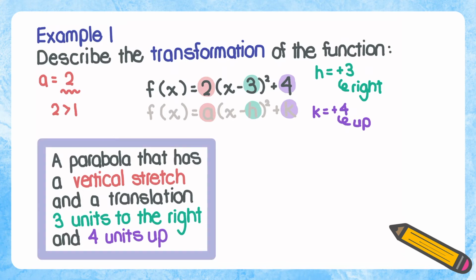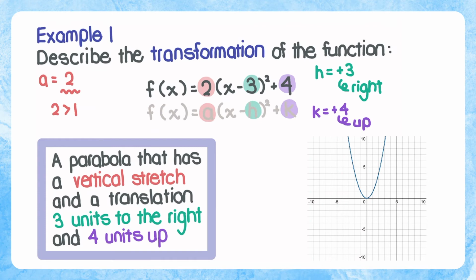So I have a parabola, and let's see how the graph changes as we apply each effect. So I have a parabola that has a vertical stretch. Notice how the graph becomes narrower.